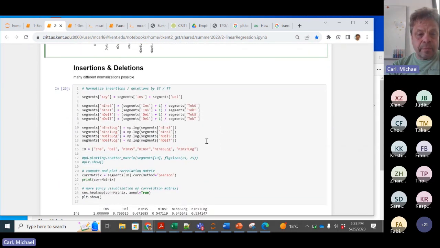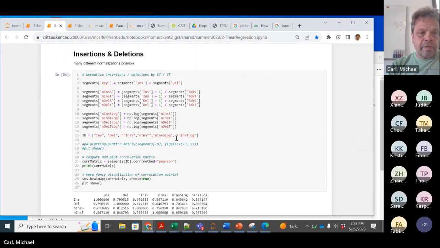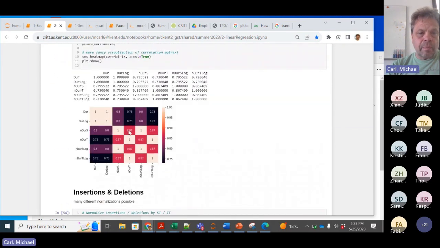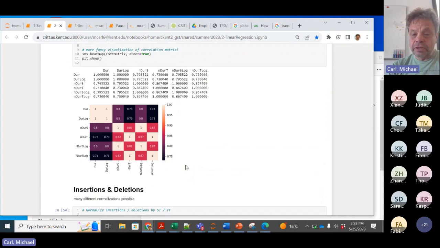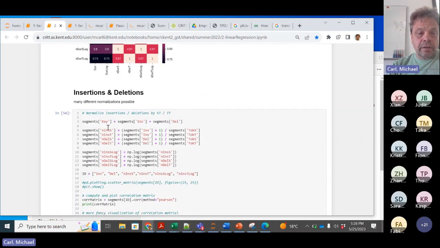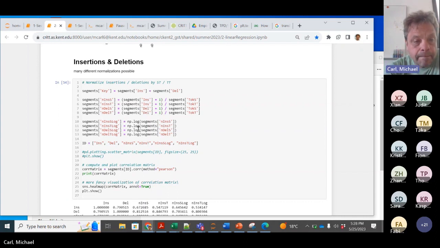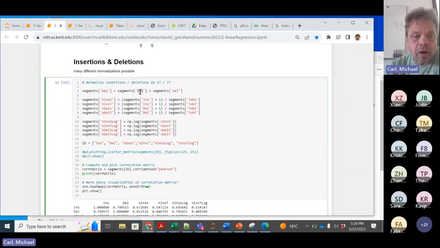So we can do the same with insertions here. Here we were talking about temporal aspects, how long it takes, and we have different kinds of transformations for the temporal dimension. Here we can look into different kinds of keystrokes. For instance, we have a column insertions, the number of insertions per segment, and the number of deletions per segment.